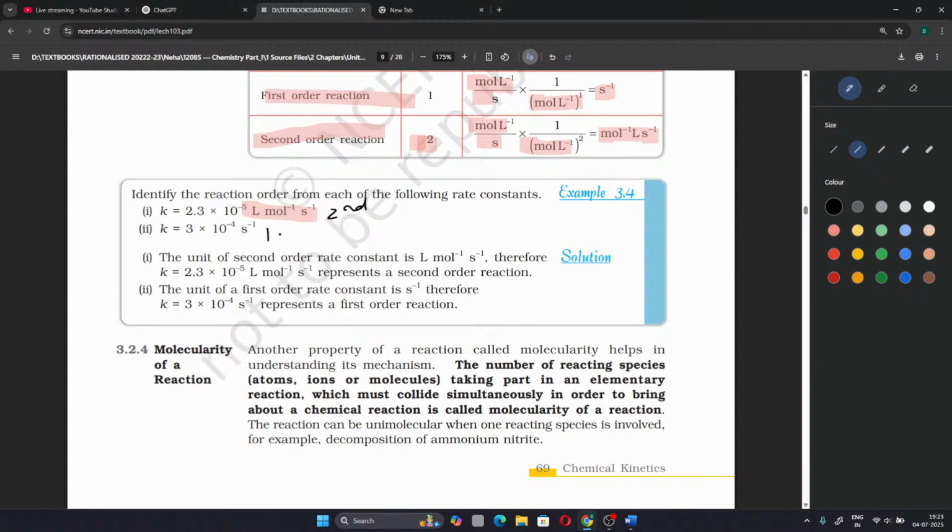Second order, first order: that is second order as I said before, and first order for the second one.